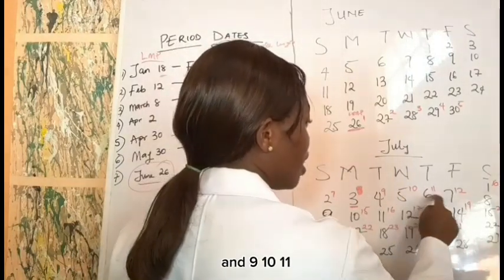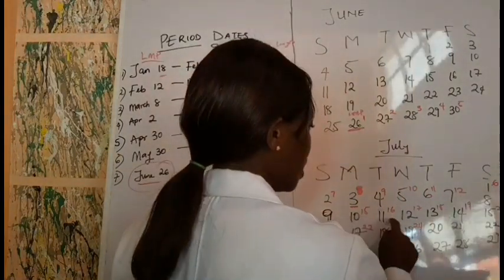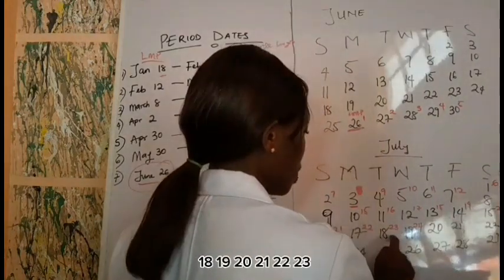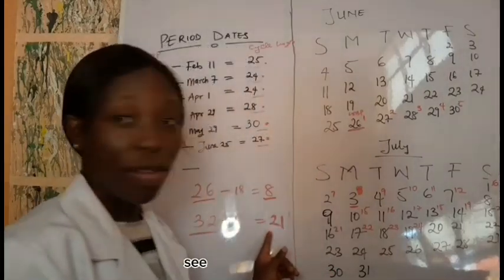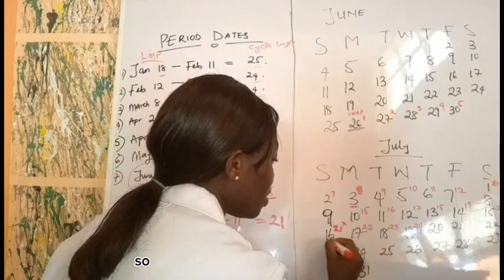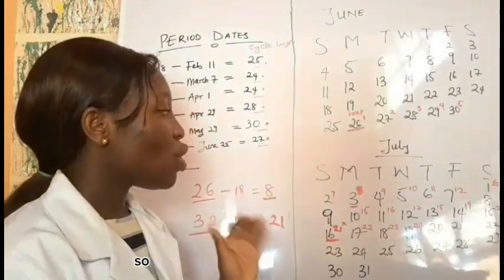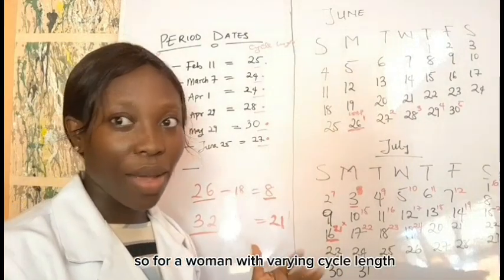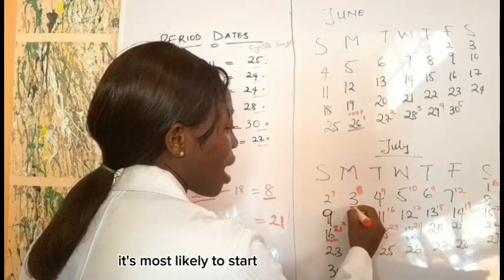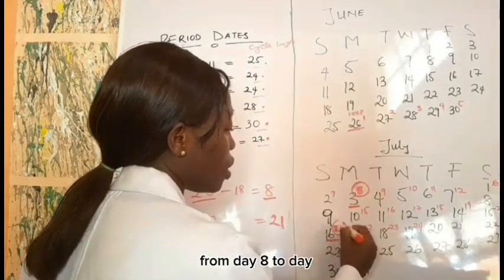And 9, 10, 11, 12, 13, 14, 15, 16, 17, 18, 19, 20, 21, 22, 23, 24. See, from this calculation, 21. So this is the last day of her fertile period. So for a woman with varying cycle length who is trying to get pregnant, it's most likely to start having unprotected sex from day 8 to day 21.